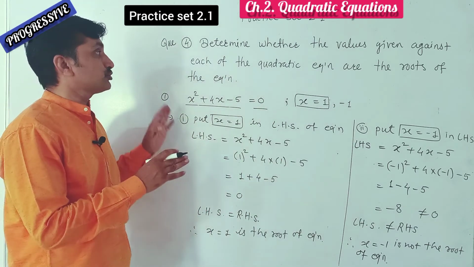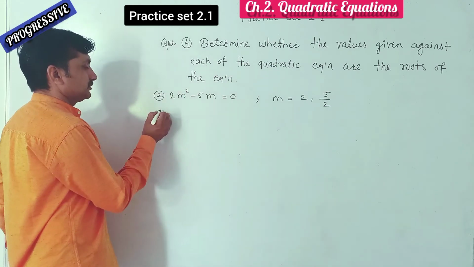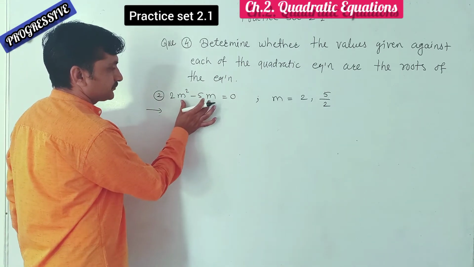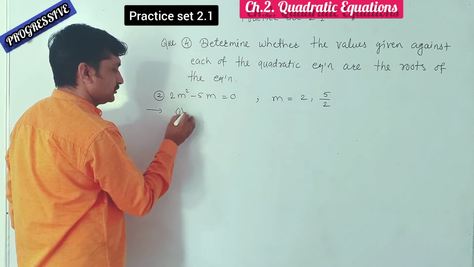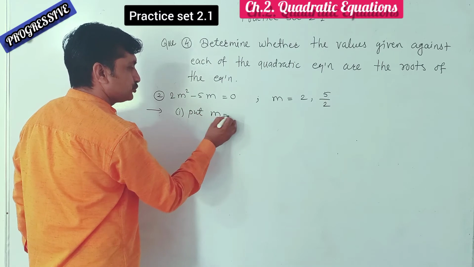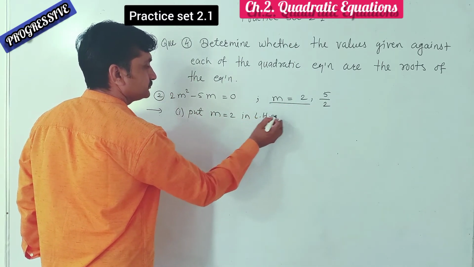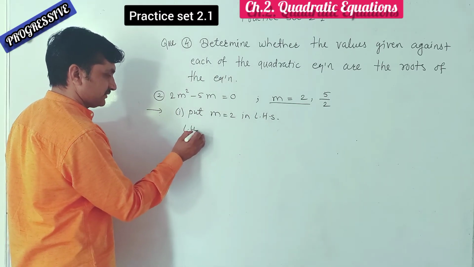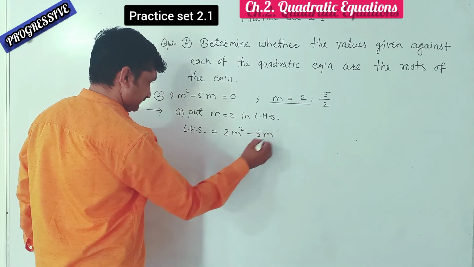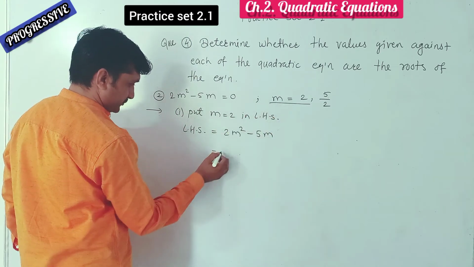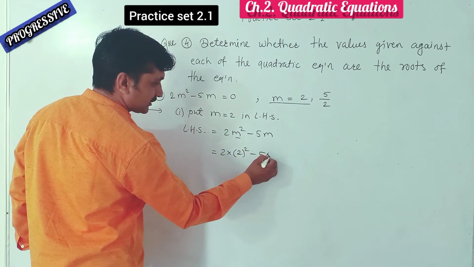Okay, in this way we have to determine. Now let's continue with the second example from this question. Now here the LHS and here 0, two values are there. First part, put m is equal to 2 in the left hand side. Now I write here the left hand side of this equation, 2m square minus 5m. Put the value of m as 2, first: 2 multiplied by 2 square minus 5 multiplied by 2.